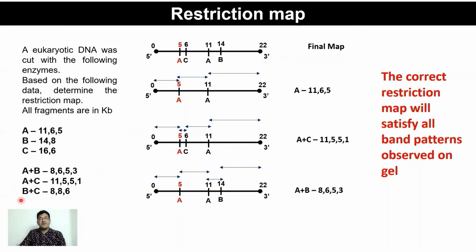So this is the correct map. The correct restriction map will satisfy all band patterns of the gel, whether it is a single digest with A alone, B alone, or C alone, or a combined digest with two different enzymes. So this is a double digest of A plus B, A plus C, and B plus C. So this is our correct map here, right?